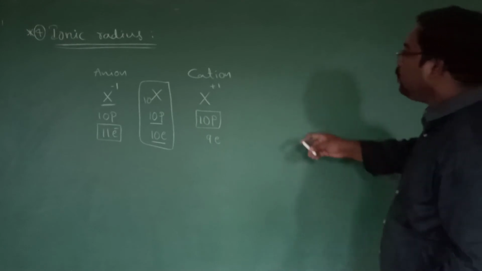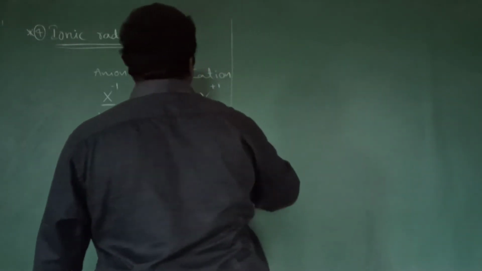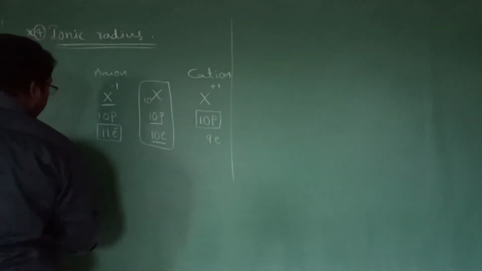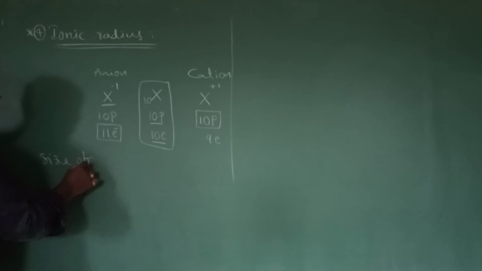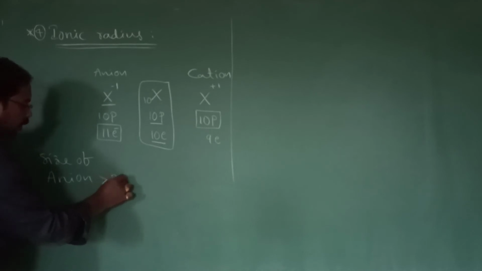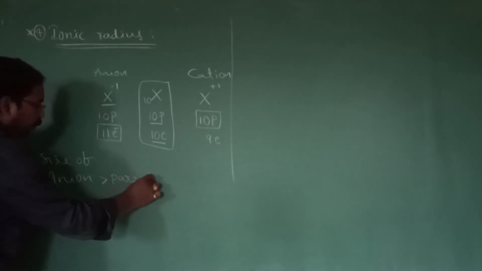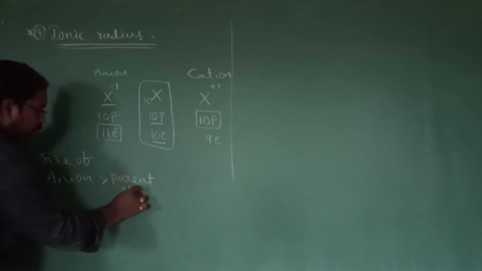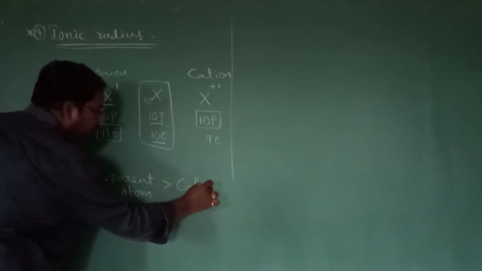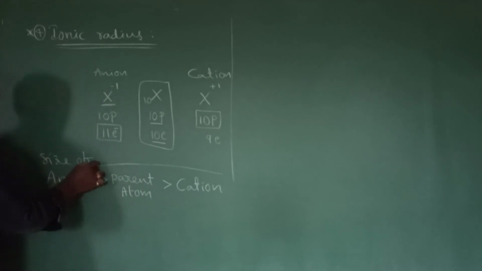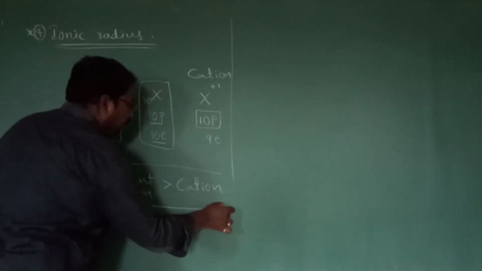So what is the conclusion we can make from this example? The size of the anion is greater than the parent atom, which is greater than the cation.